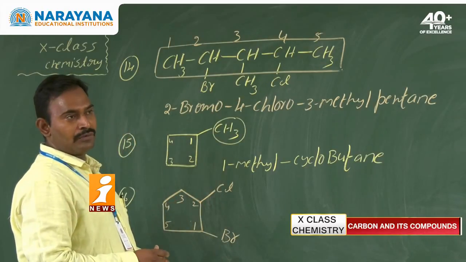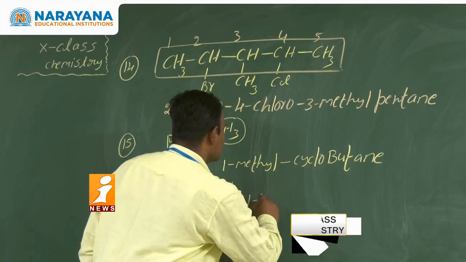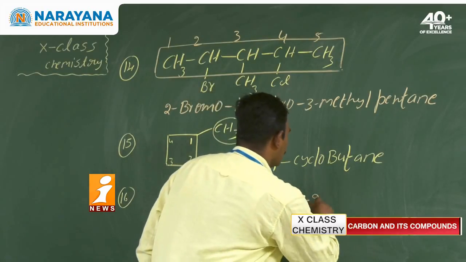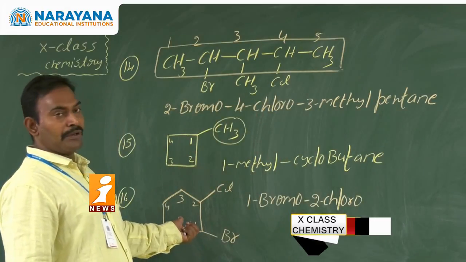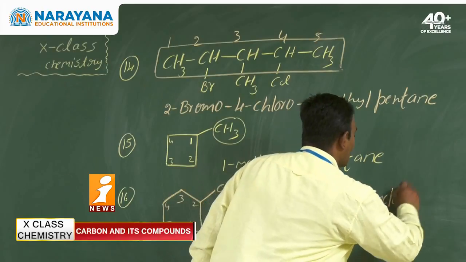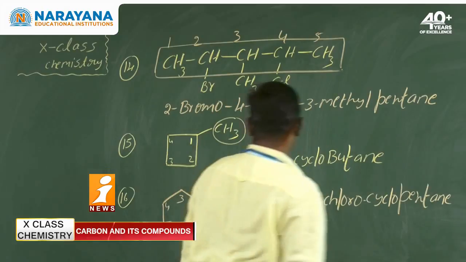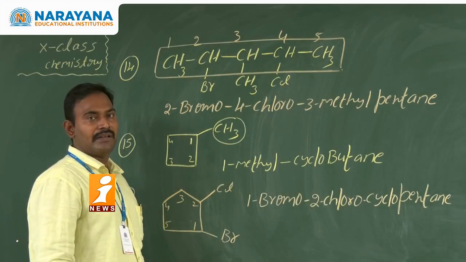Now what is the procedure to write according to their alphabetical order? So the name of this compound is 1-bromo, 2-chloro. Primary prefix cyclo. How many carbons are there? 5, pentane. So 1-bromo, 2-chlorocyclopentane.